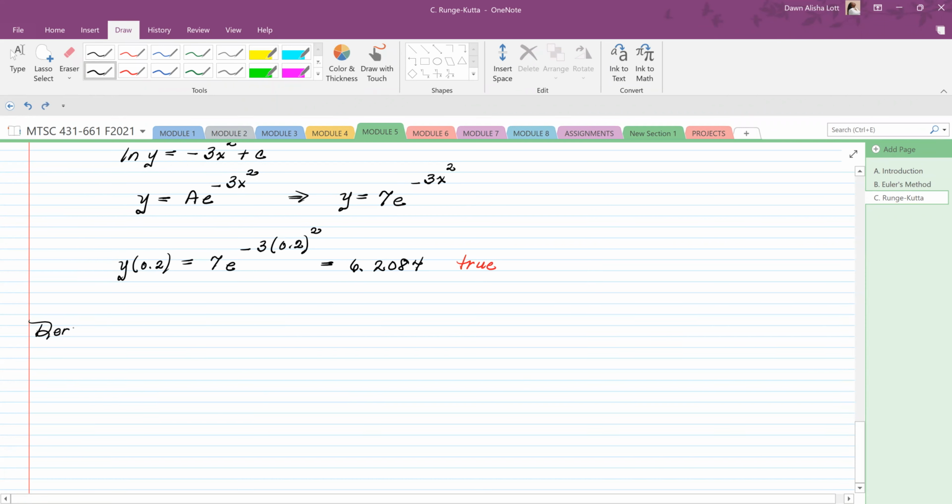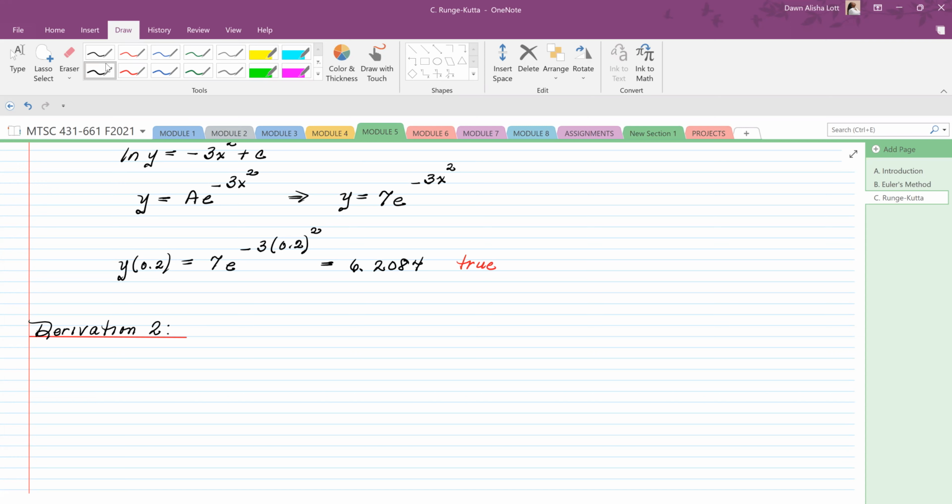If I reduce my step size, so I go from h to h over 2, what happens to my error? It goes down by? Goes down by 2.